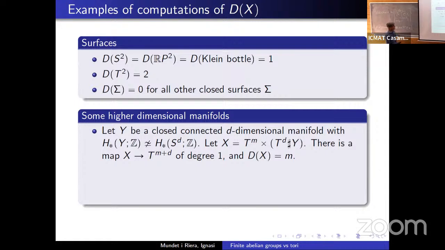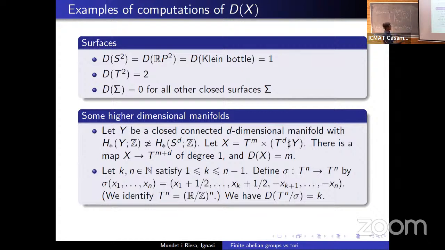The interest of this example is that here you attain intermediate values for d of X. So we know that for hypertoral manifolds, d of X cannot be bigger than the dimension, and you can in fact arrange things so that you can realize all values. With this example, all values except m-1. But then there is another construction which allows you, in fact, to obtain all possible values.